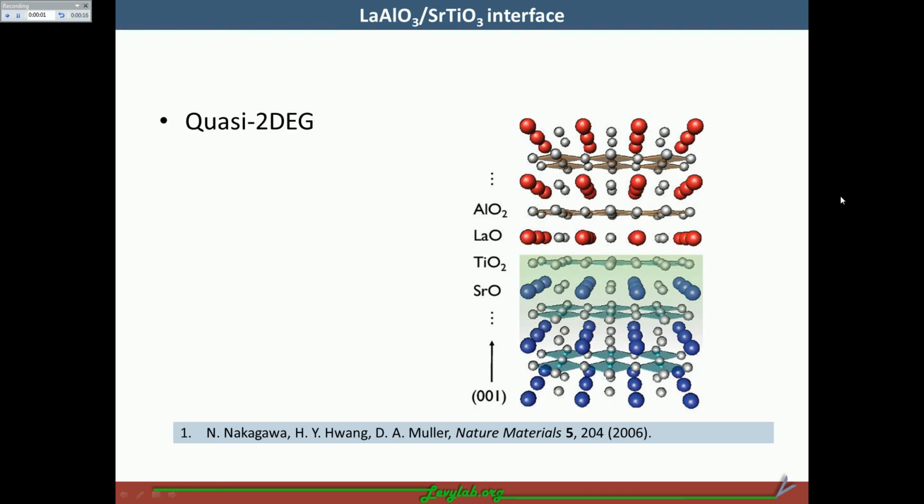Okay, so the first thing I want to do is introduce our system a little bit. We have a lanthanum aluminum oxide and strontium titanium oxide sample. So we have strontium titanate and lanthanum aluminate, and at the interface between these two insulating oxides, there's a quasi two-dimensional electron gas that forms.